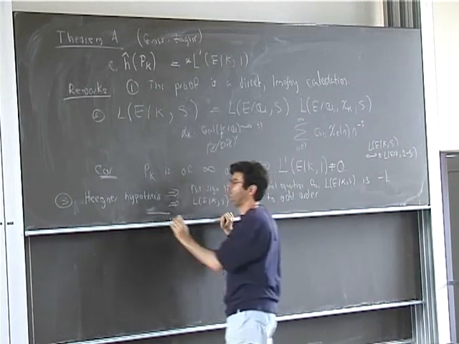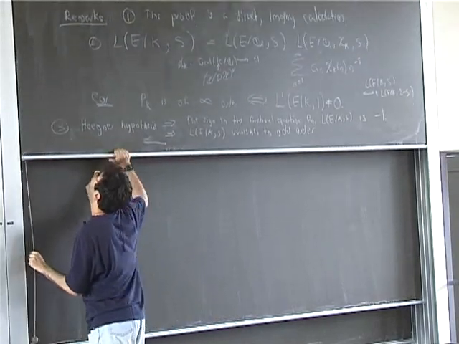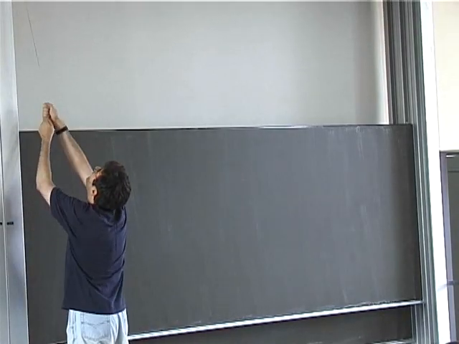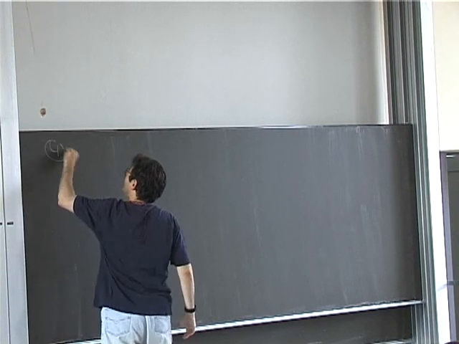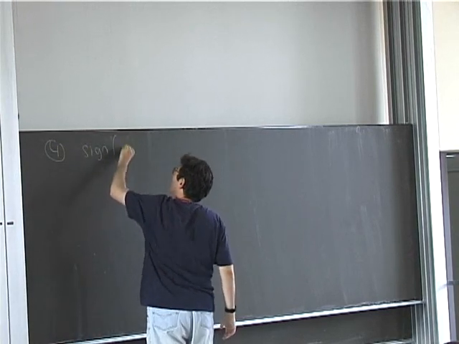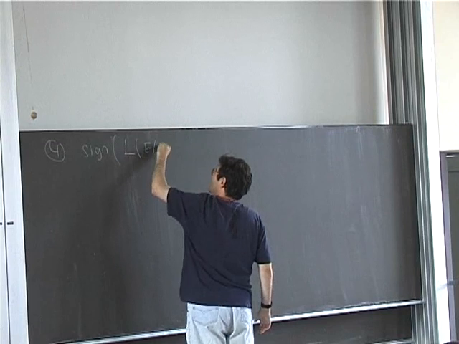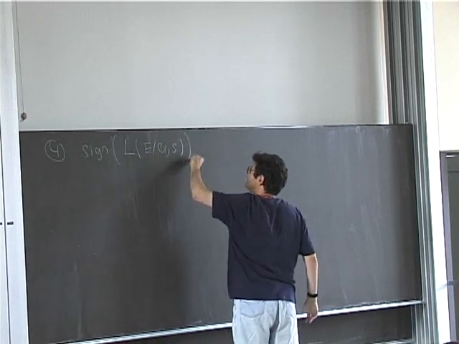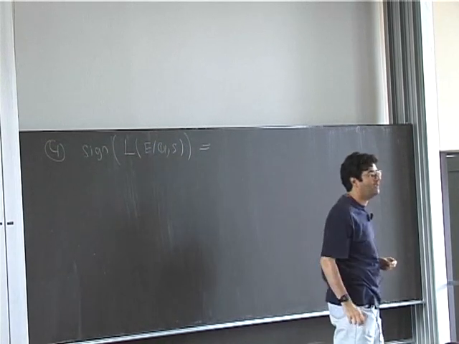Okay, so maybe this will be remark 4. If I look at the sign for the functional equation of the L series of E over Q, there is a formula for it. I can be quite explicit.